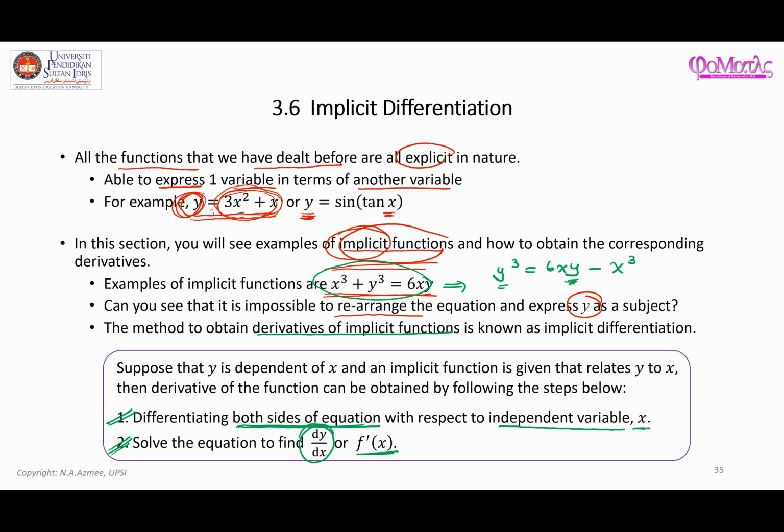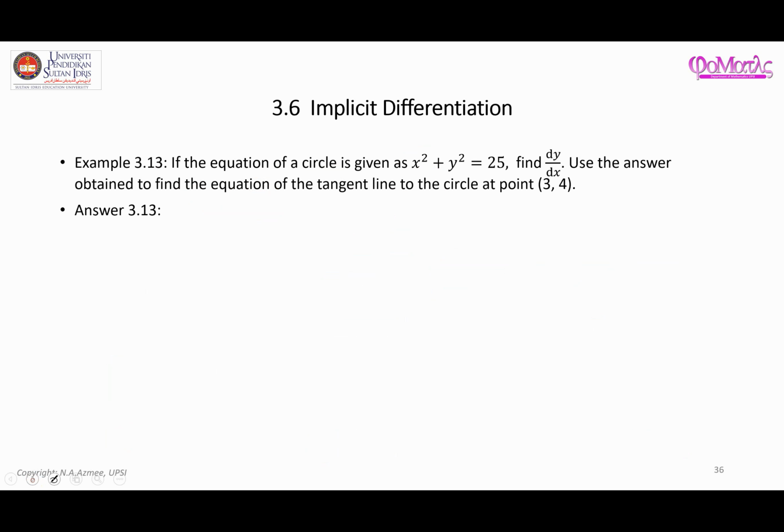I think the whole process will become much clearer if we look at one or two examples. So that's what we're going to do next.